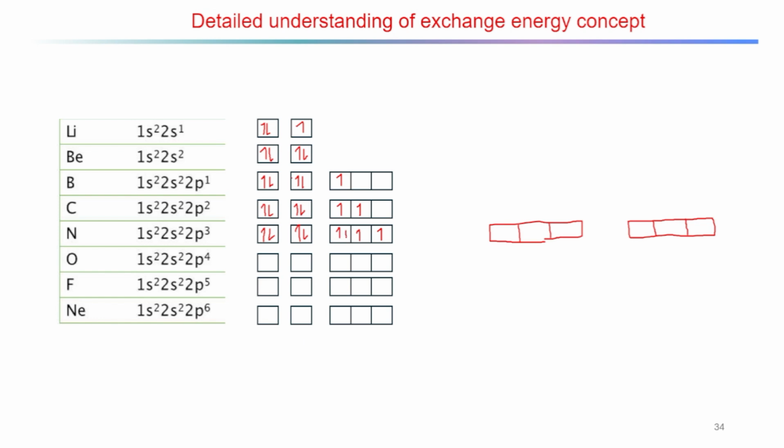Let's consider this one as electron 1, this one as electron 2 and electron 3. So this can be in this order, or this can be like this: 2, 3, 1, or this 2 and 3 can exchange their positions, right? So it can be 3, 2, 1. So all these possibilities can happen.